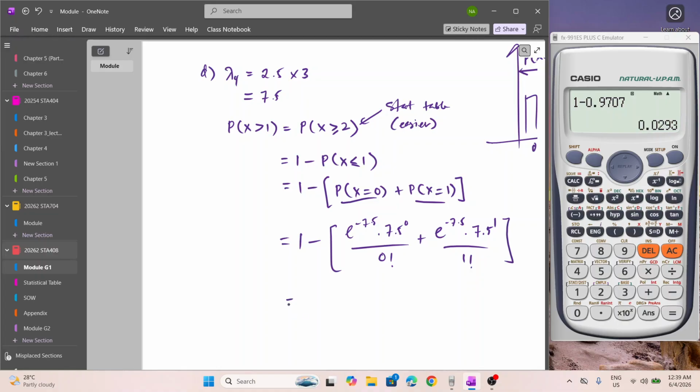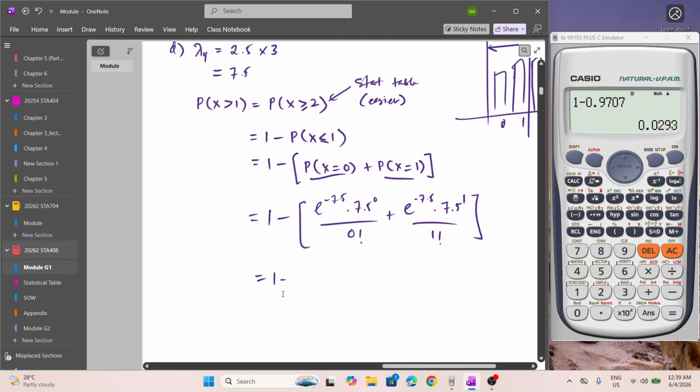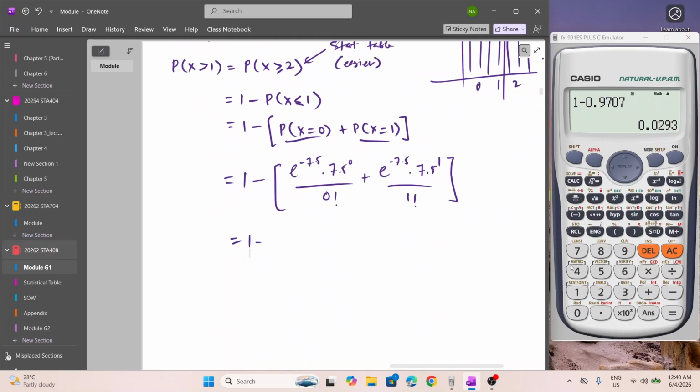Okay, so for this one, the calculation is a bit long, so I would suggest that you do it one by one to avoid mistakes in the calculation. So let's proceed with the first one first.